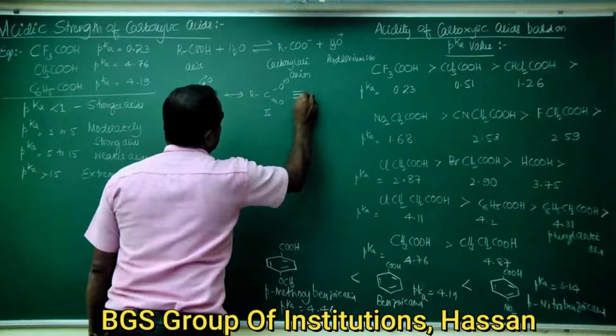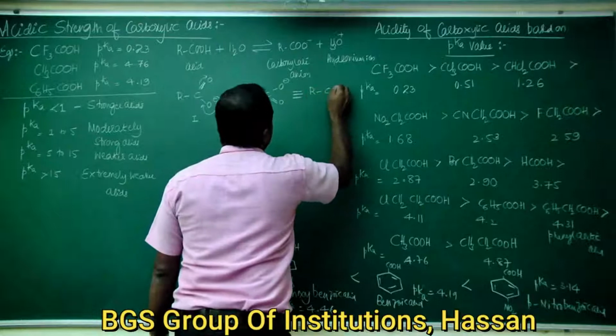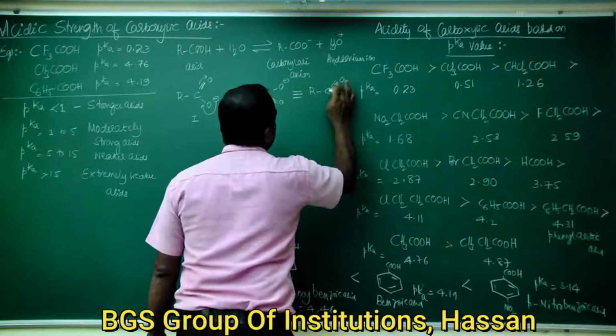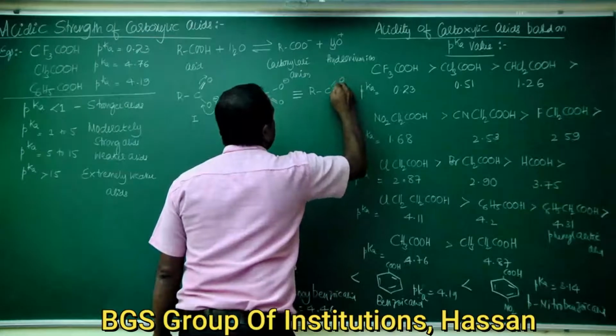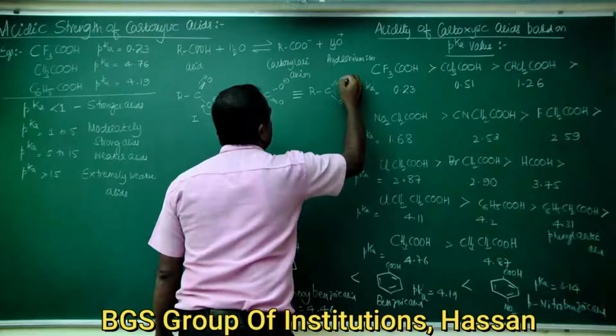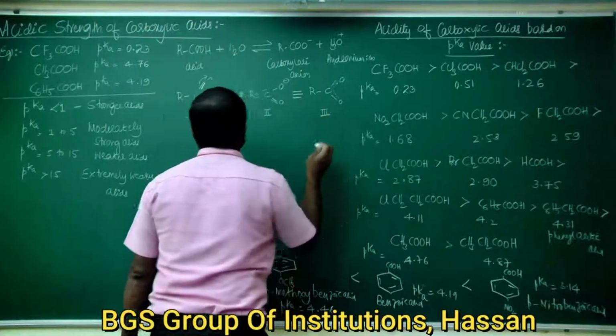Both these structures are equivalent to the third one, that is the resonance hybrid structure, which is represented by the broken or dotted lines.